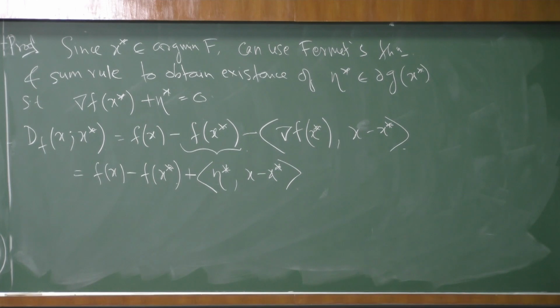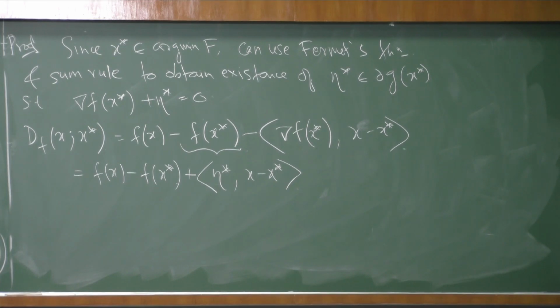Now since eta star is a subgradient of G, and the definition of the subgradient, what does it tell us, right? So eta star being a subgradient means that this is defined in a similar way, right?